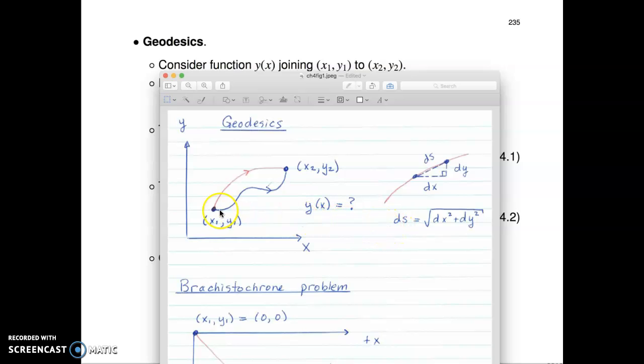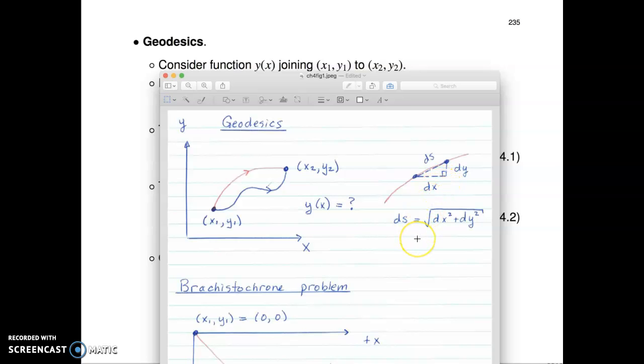You know how to calculate the length of this curve going from point 1 to point 2. The way you do it is you use this fact here. If you take an infinitesimal length along, let's say, that red curve, call that ds. You construct a right-angled triangle where the projection on the x-axis is dx and the projection on y is dy.